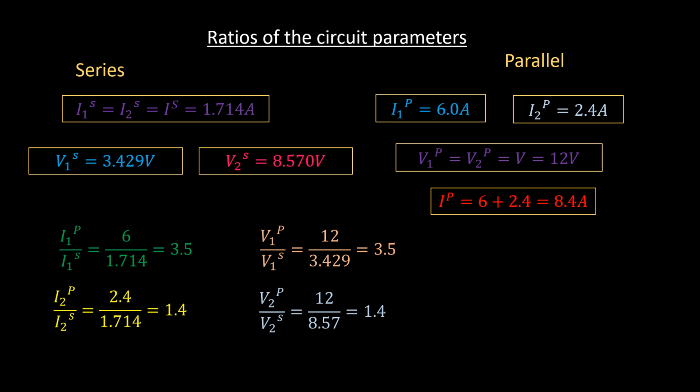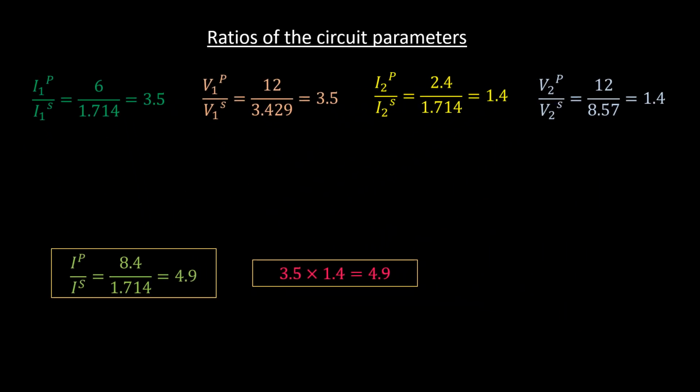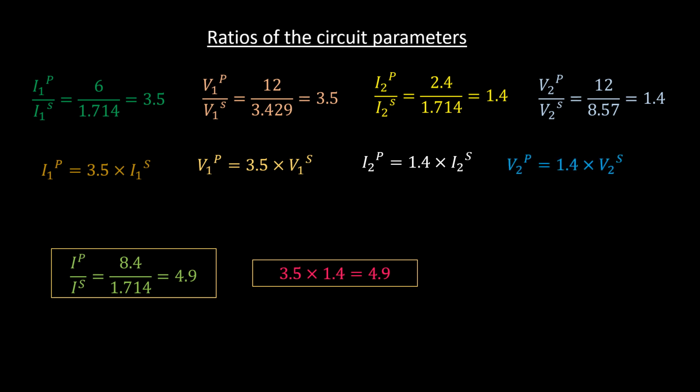Moreover, the ratio of the total parallel current and the total series current gives 4.9, which is equal to the multiple of 3.5 and 1.4. Rearranging the equations, we have I_P1 equal to 3.5 times I_S1. V_P1 equal to 3.5 V_S1. Also, I_P2 equal to 1.4 I_S2 and V_P2 equal to 1.4 V_S2.